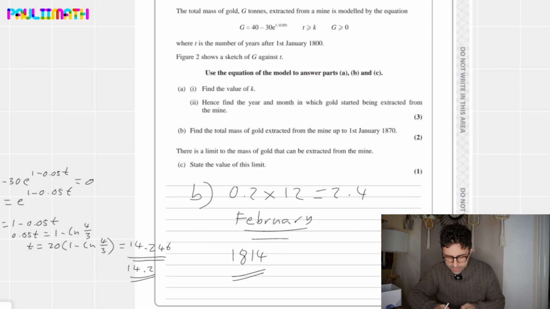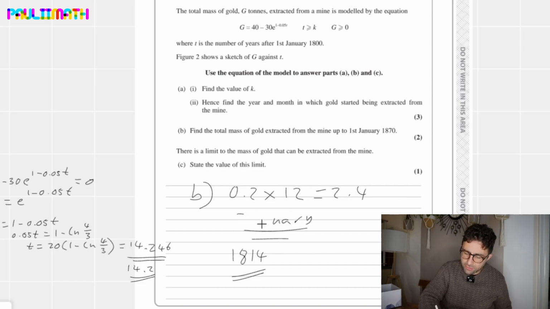Times by 12, does that make a difference? 2.88. So, if you think about it actually, after that, sorry, I'm just having a mild panic attack. It's March, isn't it? Because we're into the 3rd month.